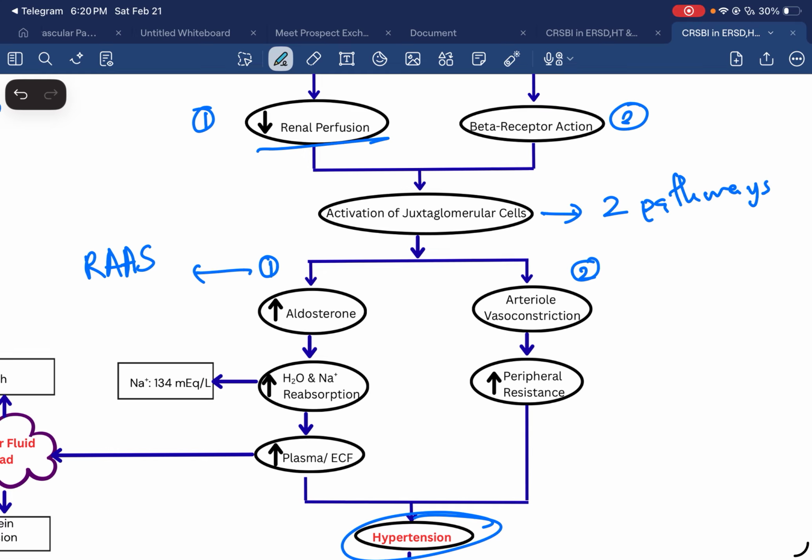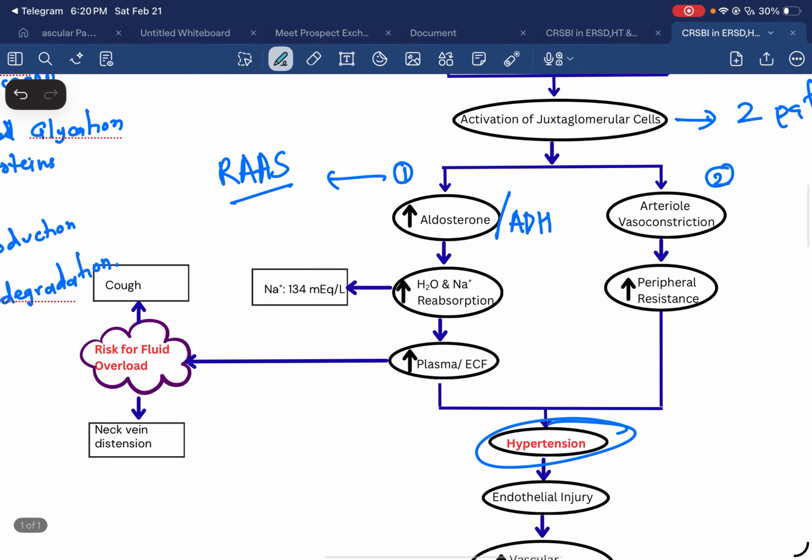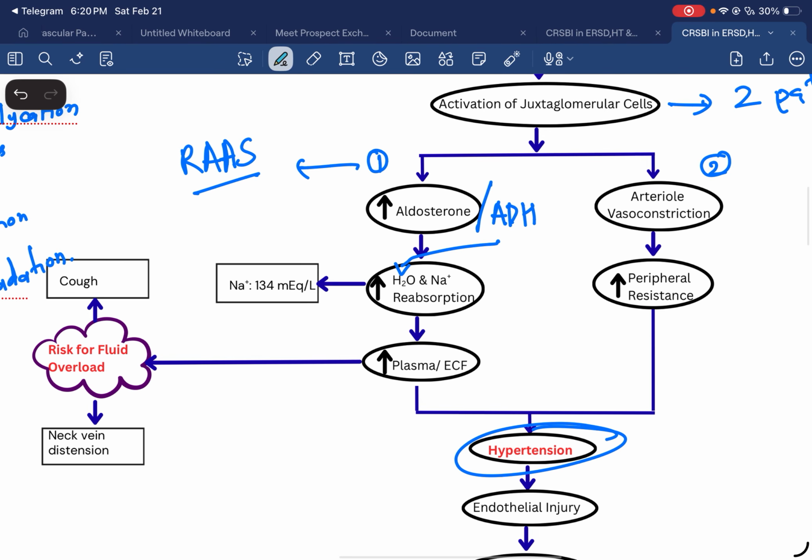For number one, when there is activation of the RAS system, there is increase in secretion of aldosterone and ADH or vasopressin, and ADH is responsible for reabsorption of water, whereas aldosterone is responsible for absorption of sodium.